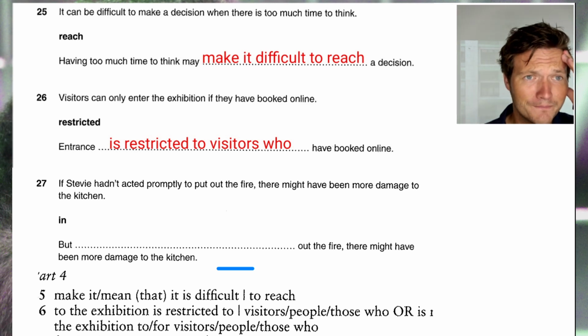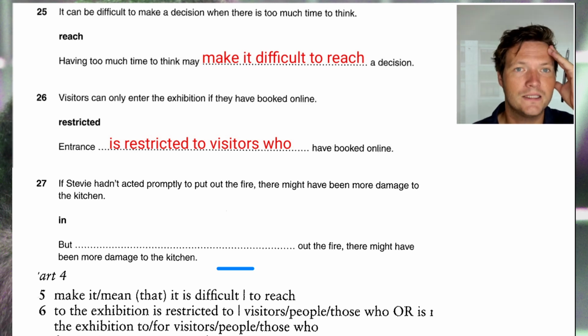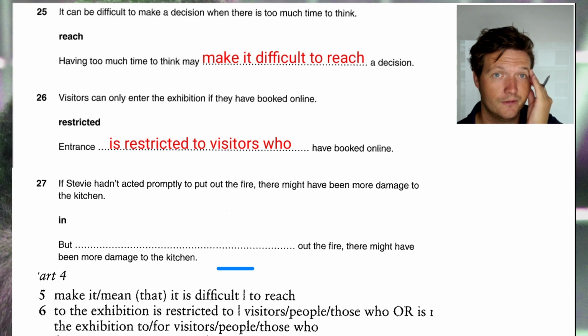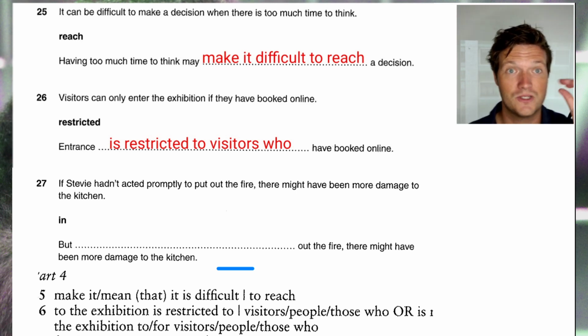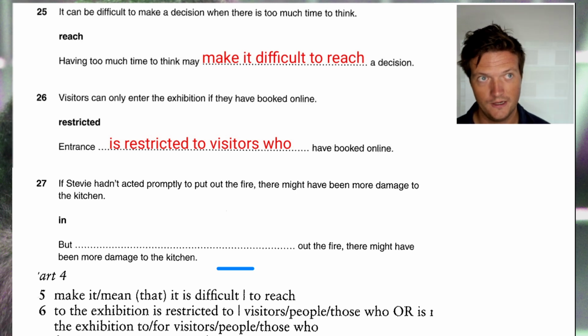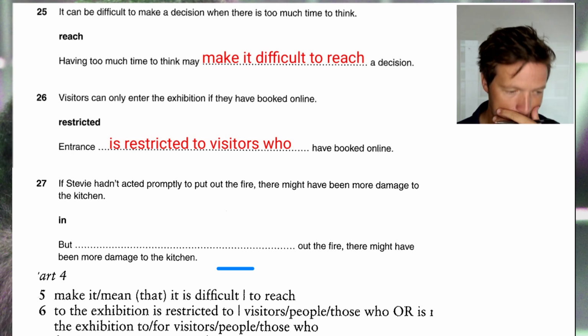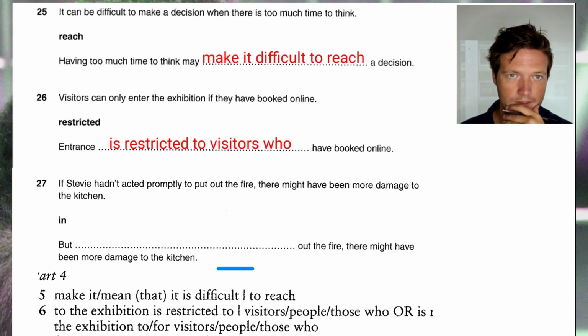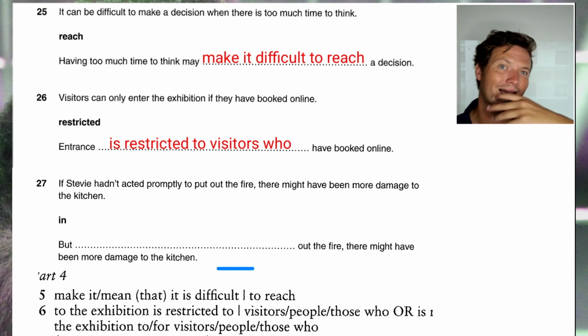Okay, right, so Stevie acted promptly. He acted quickly. He reacted in good time, right? So we want to say if it hadn't been for Stevie's prompt action, I guess.